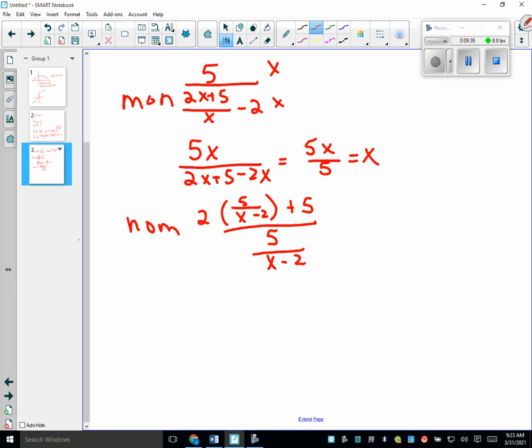Do you see I kind of had the same thing I had last time, that I have a denominator and a denominator and a denominator in my numerator? And what are they both? So can I multiply all of this, each one, by x minus 2?